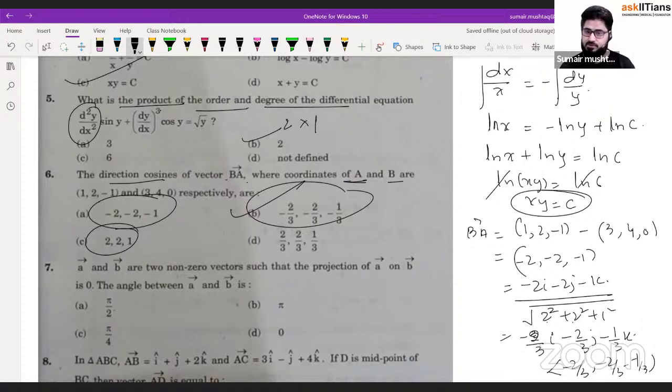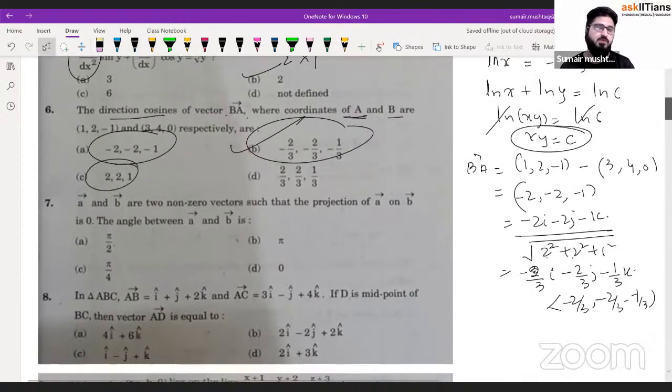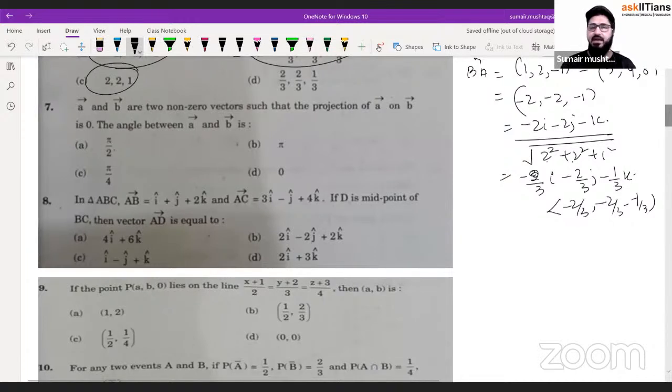Now for the next question, the projection has to be found. A and B are two vectors such that the projection of A on B is 0. How to find the projection of A on B? The projection of A on B is A dot B divided by mod of B. This is 0, so I will get A dot B is equal to 0.